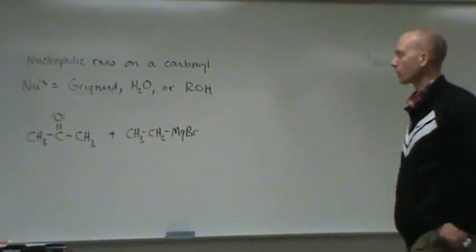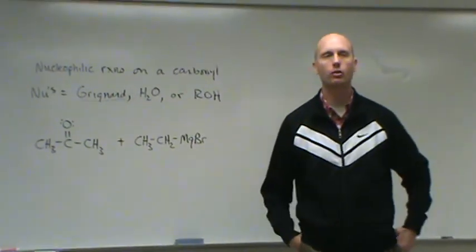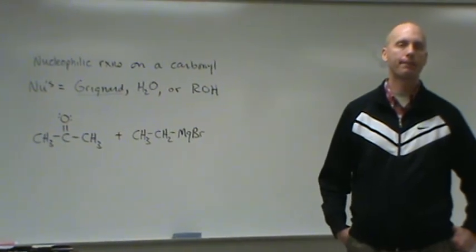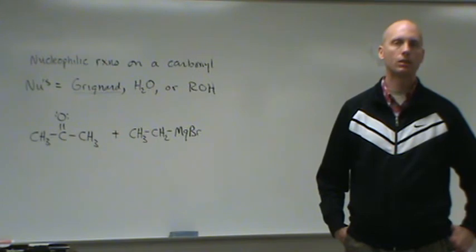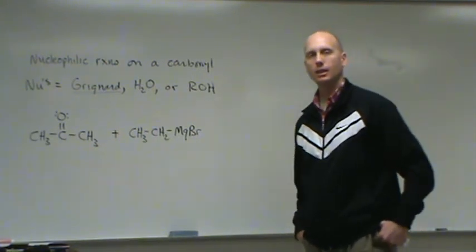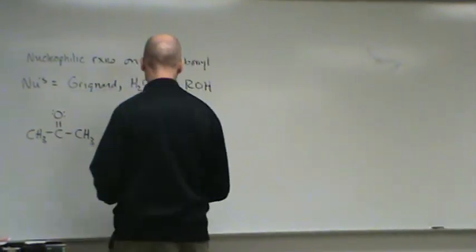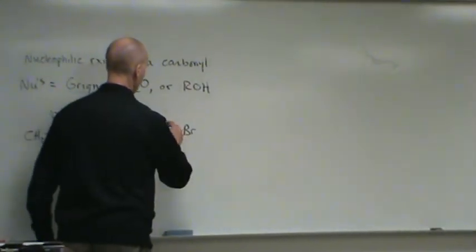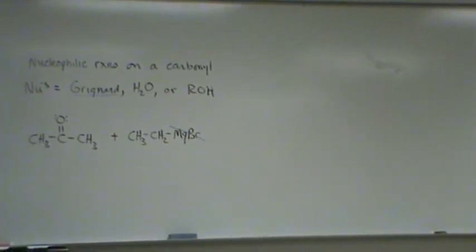Well, first of all, what was the property of a Grignard? Do you remember? What does it act as? It can act as a base. So remember, whenever you see MgBr, just go ahead and cross it out, like the alkyl lithium.